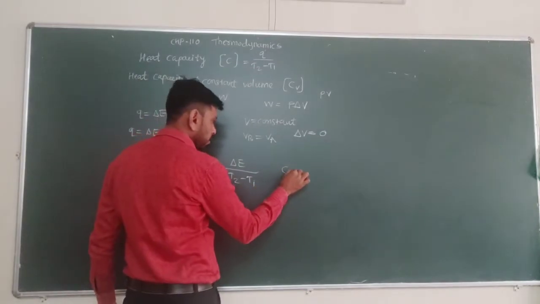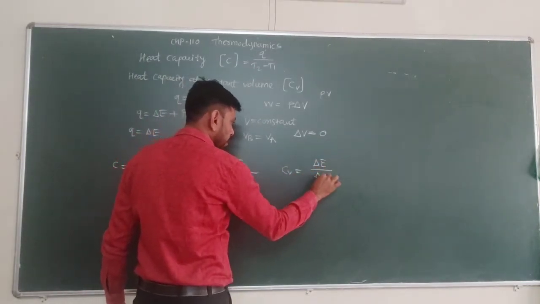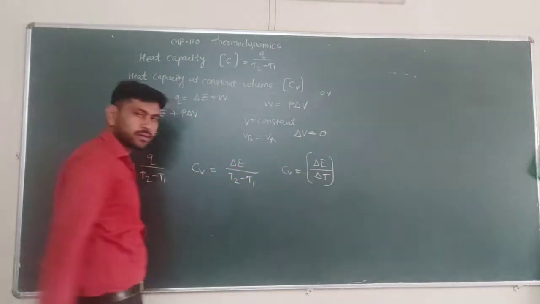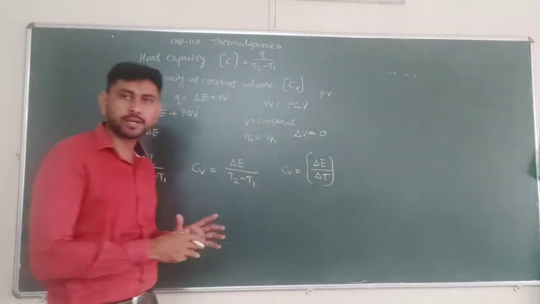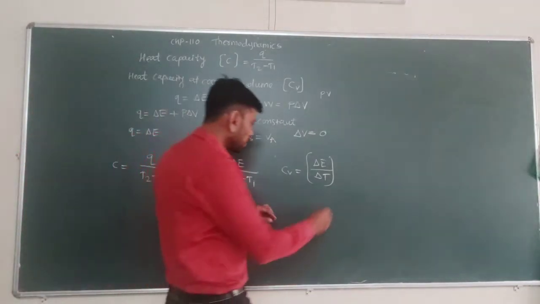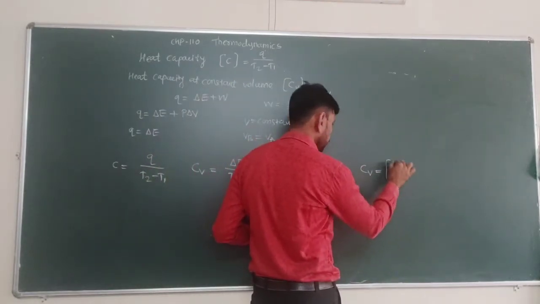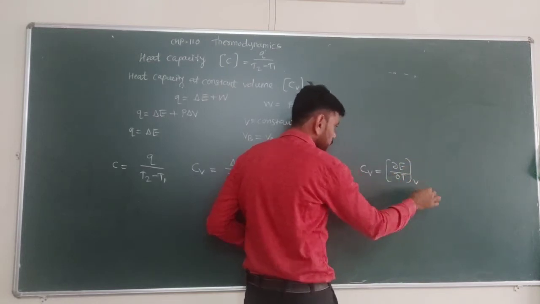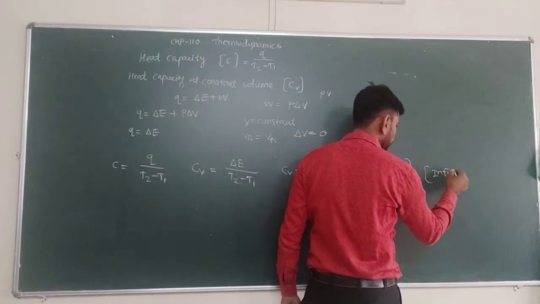In another way, we can represent it as delta E by delta T. And for very infinitesimally small quantities, we can write CV equal to delta E by delta T at constant volume.